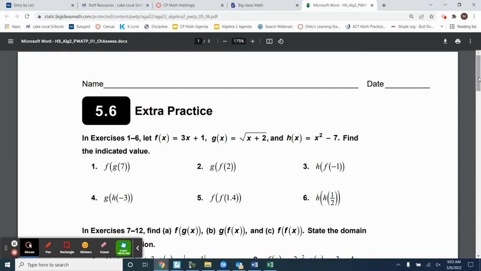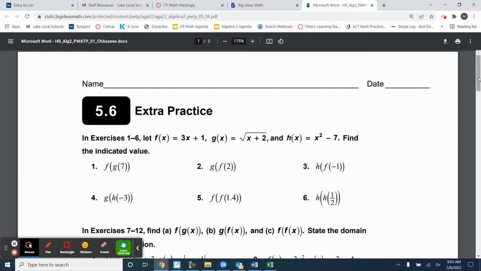Let's do number 3. I'll do number 3. Yeah, it's -3.